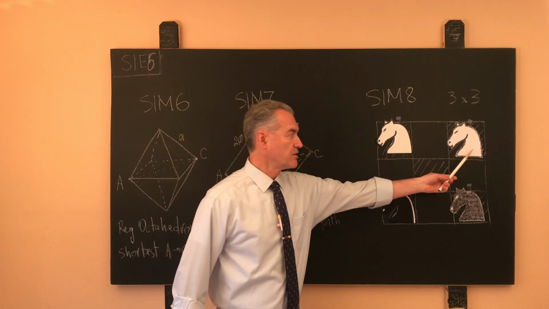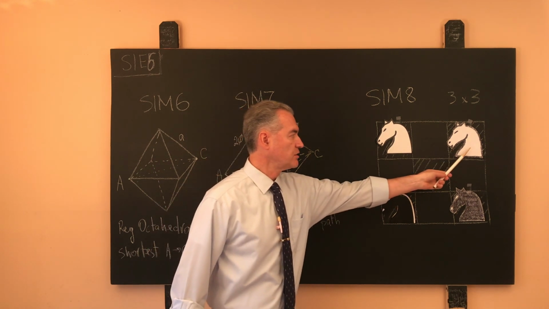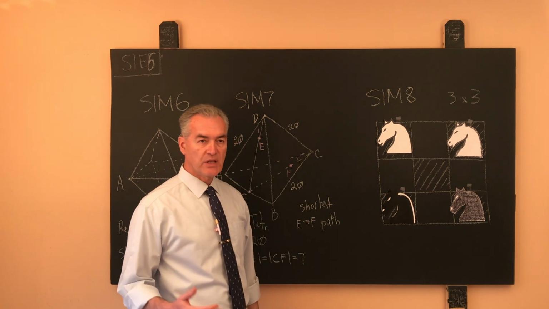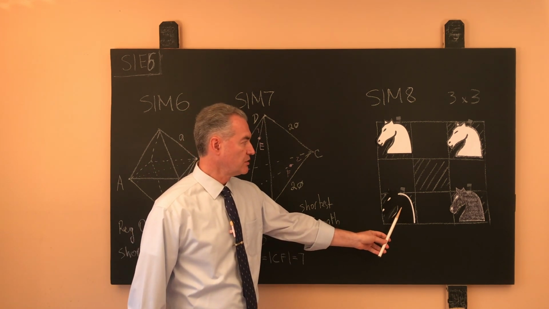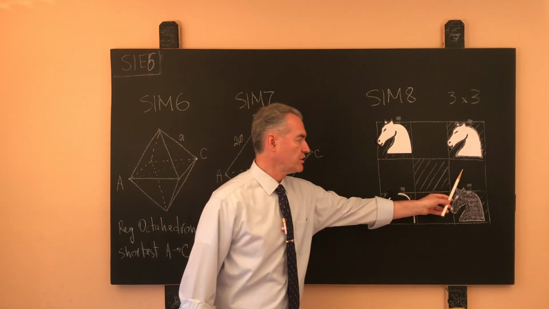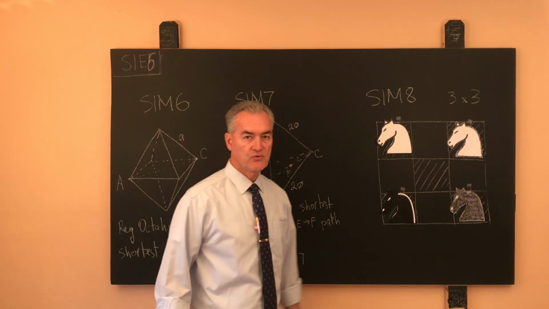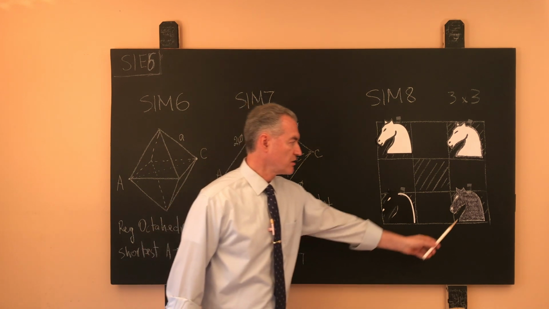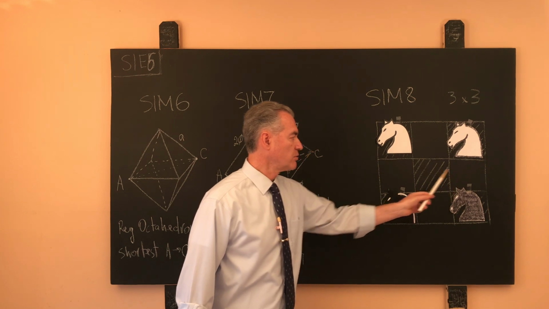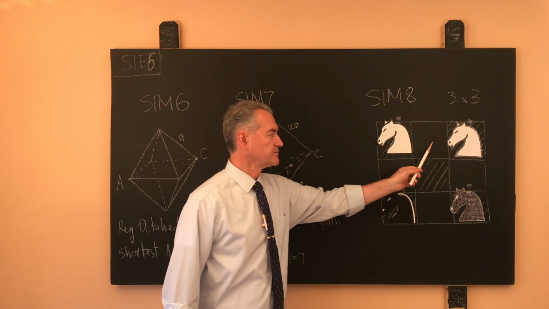For example, this white knight can jump from here this way, or from here this way, or this way. Consequently, the 2 black knights can move as follows: from here to here, or from here to here, and this guy is allowed to move in the L-shaped trajectory like so: left and up, or up and left.